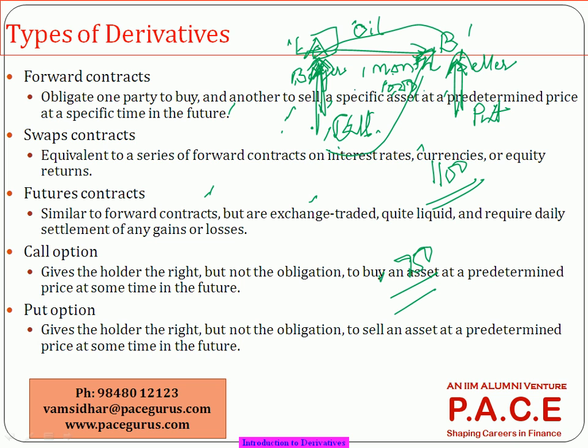It's not considered as a default because the other party has been compensated with a premium to allow this person decide whether he wants to enter into the contract or let the contract expire. Getting it? So more and more details of these options and all the four contracts. We have four different chapters for four different types of contracts. So we'll have a bit of more and more understanding as we move along there.